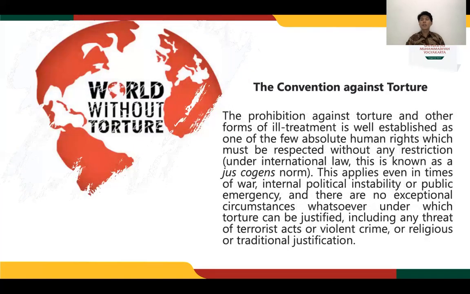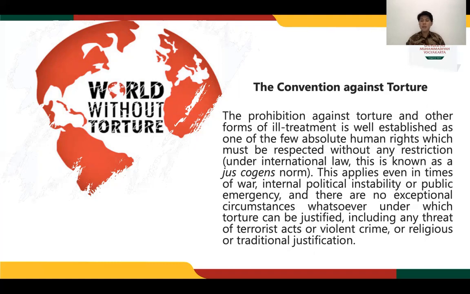The Convention Against Torture. The prohibition against torture and other forms of ill treatment is well established as one of the few absolute human rights which must be respected without any restriction under international law, which we know as jus cogens norm.